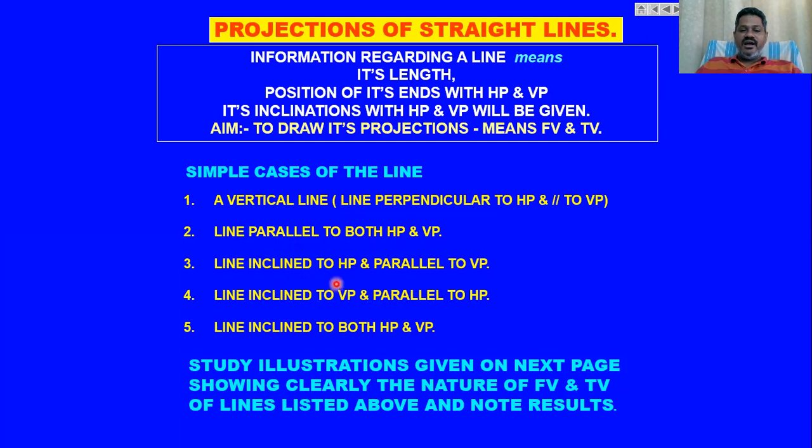Then the line can be inclined to HP and parallel to VP. The line can be inclined to VP and parallel to HP. And similarly, the line can be inclined to both HP and VP. These are the five cases that we come across generally in the case of projections of the lines. Each case we will discuss in the coming slides.